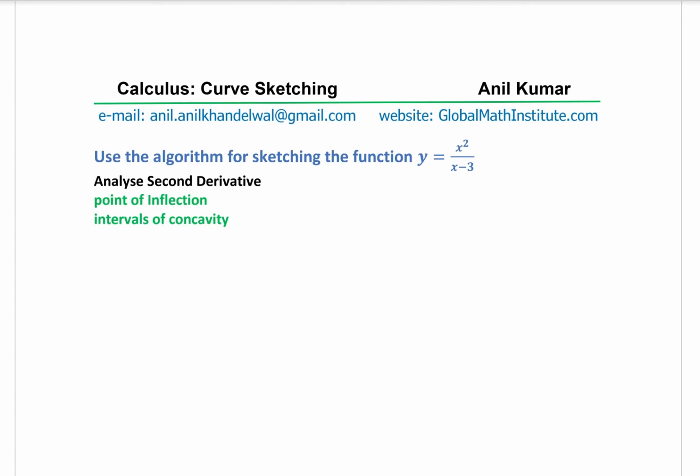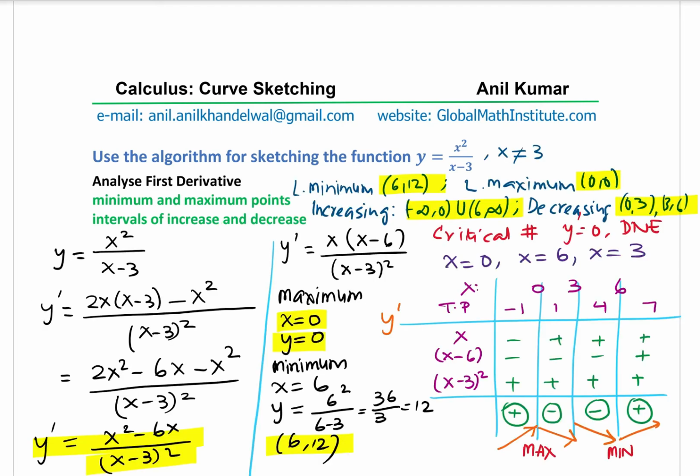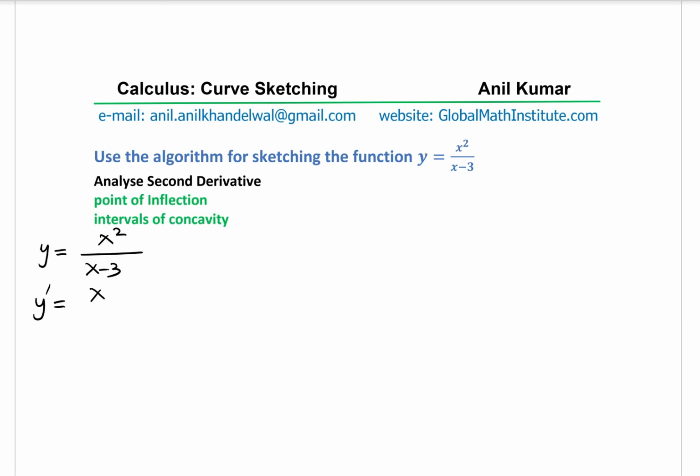So let's go to a fresh page. So we have found that y equals x squared over x minus 3. We just derived the first derivative as, let me copy, x squared minus 6x divided by (x minus 3) whole squared. Now, let's find the second derivative. For the second derivative, we are going to use the quotient rule.